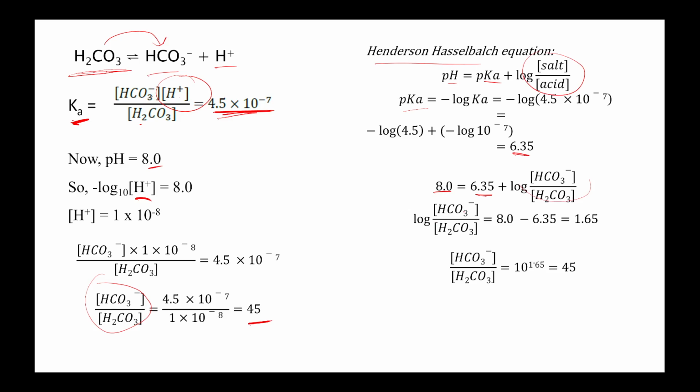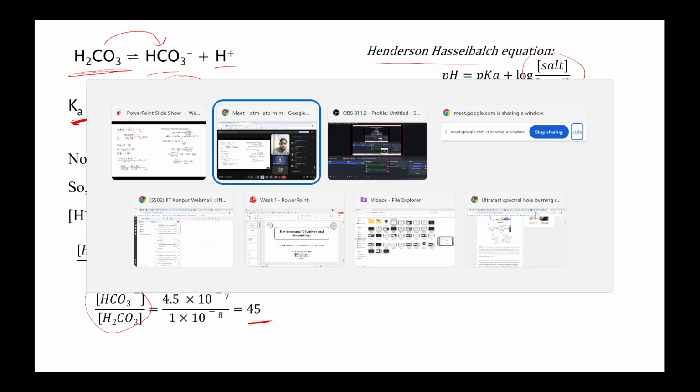So log of salt concentration divided by acid concentration, a log of bicarbonate to carbonic acid ratio would be equal to 1.65. So the ratio would be equal to 10 raised to the power of 1.65. If you solve this, it will also come around 44.6 or 44.7, which is approximately equal to 45. So this is one way to solve it.